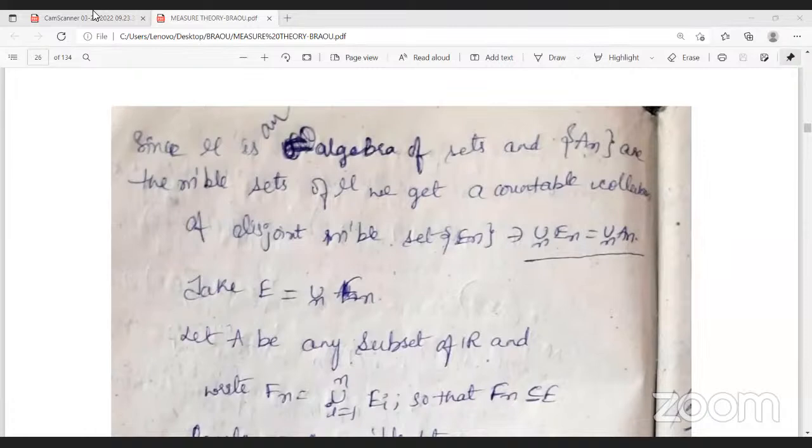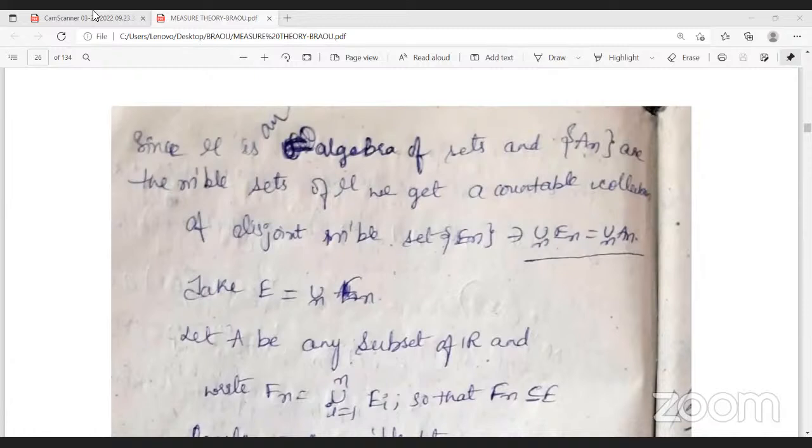Next step, write. Same: m of E1 equals m of E plus m of E1 minus E. Therefore, m of E1 minus E equals m of E1 minus m of E. This is equation 1. And clearly from the second one, m of Fn equals m of En minus m of En plus 1. This is equation 2. The first one: m of E1 minus E equals summation n equal to 1 to infinity m of Fn.